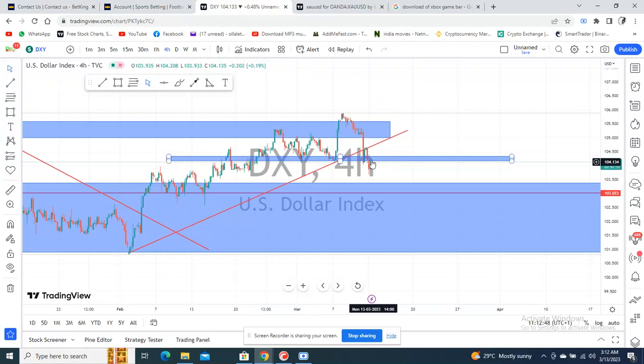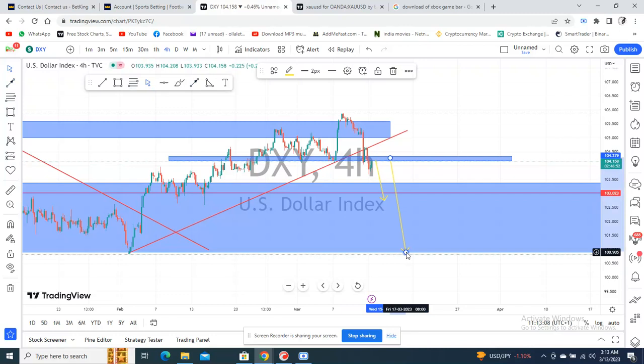Now price is ranging within this zone, in which from my point of view DXY needs to come back to somewhere around here or here, in which you are going to see a number of cryptocurrencies keep buying for now and some currency pairs keep buying as well.